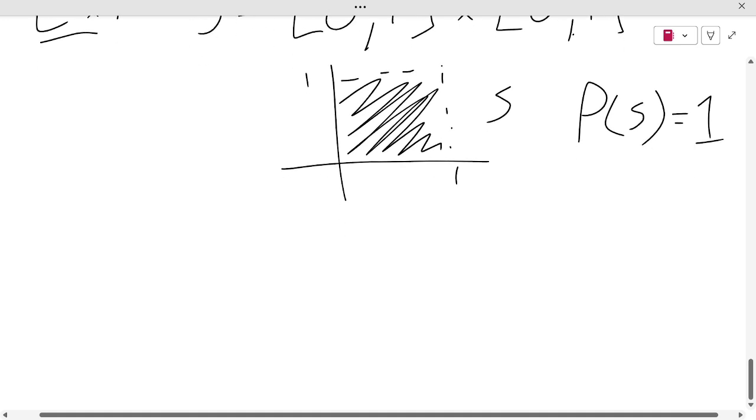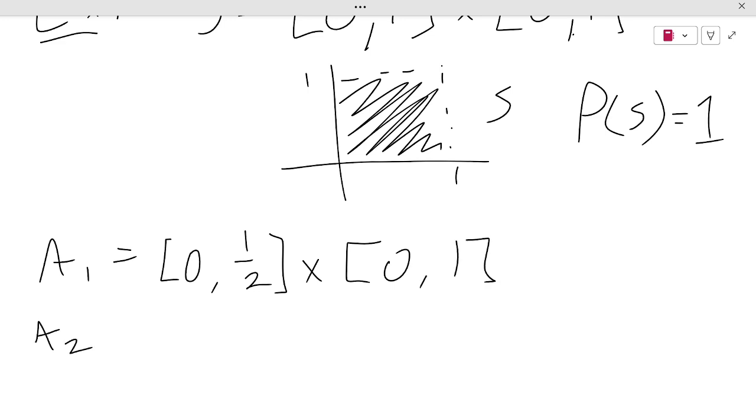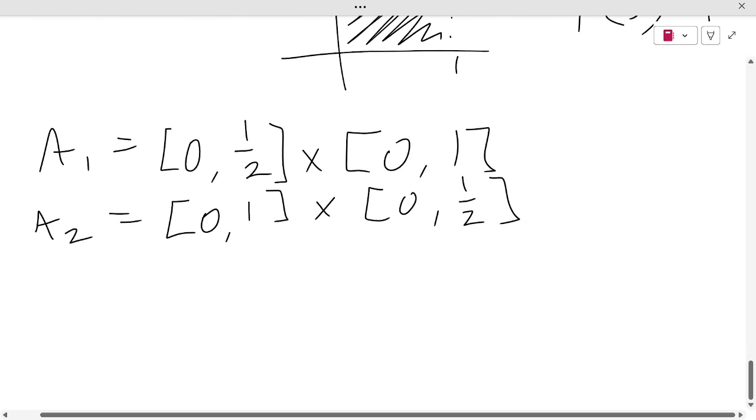So let's say that A1 is this rectangle. I'm not going to verbally state it because it would get complicated, but it's this sort of rectangle. A2 is another rectangle. And then A3 is going to be a weird shape.